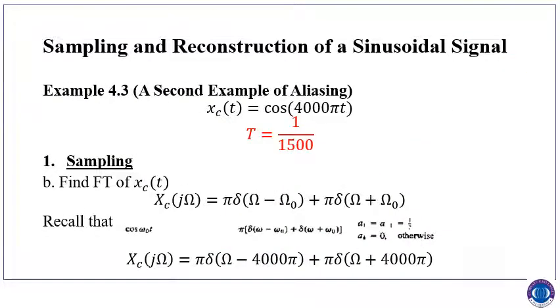So this is the spectrum of the continuous time signal. We have the same continuous time signal as in the previous case. So xc of j omega is equal to pi times delta of omega minus omega naught plus delta of omega plus omega naught. We know that there are only two components of cos.